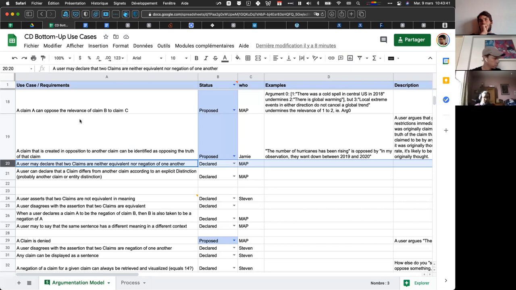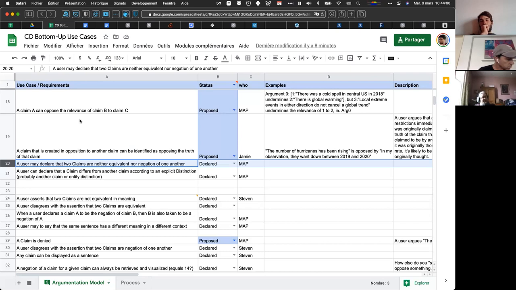But I'm saying the first part of the argument is saying the two claims are neither equivalent nor negation. Okay, and then I guess I did what you asked me for, which is to put them in a relevance, in an argument format, and then you were right. As an argument, they end up being about relevance. Okay, I'm buying that.